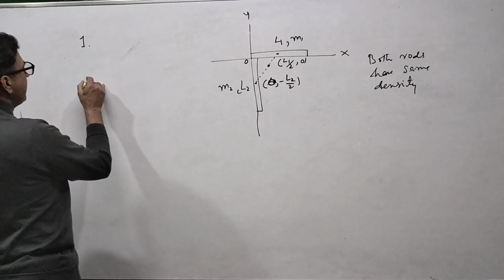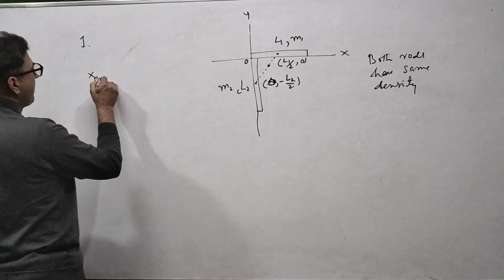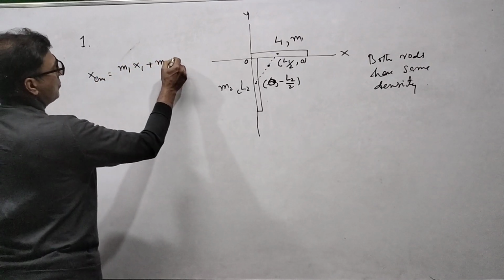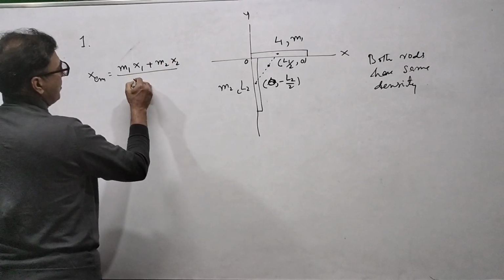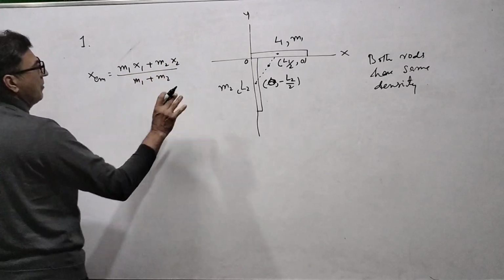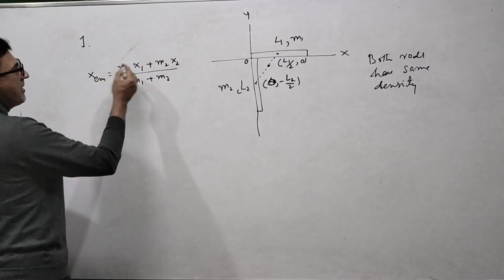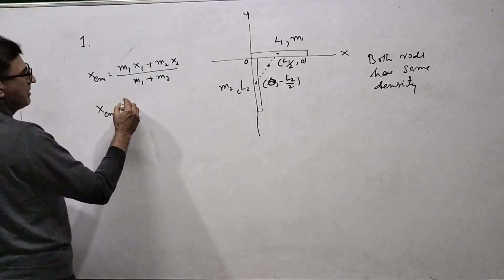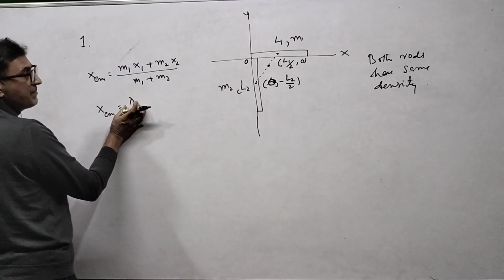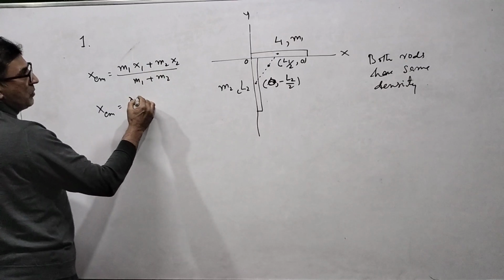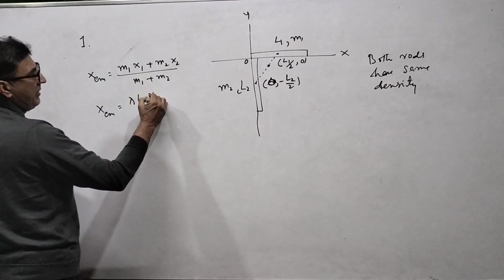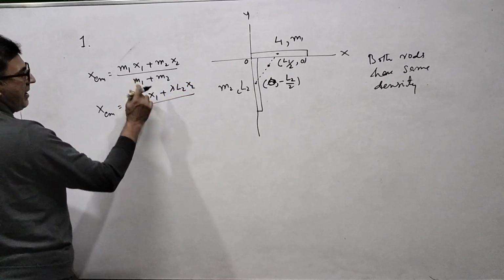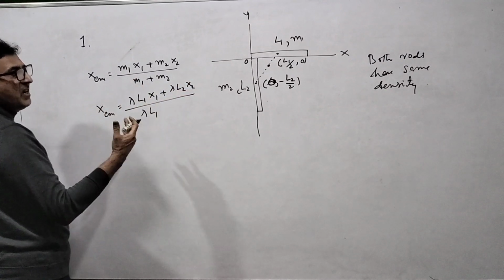So how to look at the center of mass? XCM, you already know the formula: m1 x1 plus m2 x2 by m1 plus m2. This is the base formula. And if I substitute m1 in terms of length, m1 is lambda, the mass per unit length of the rod, into L1, x1, plus lambda L2 x2, by lambda L1 plus lambda L2, because lambda is defined as the mass per unit length.